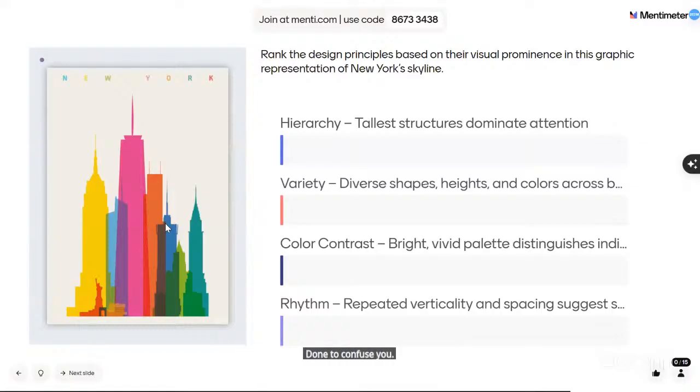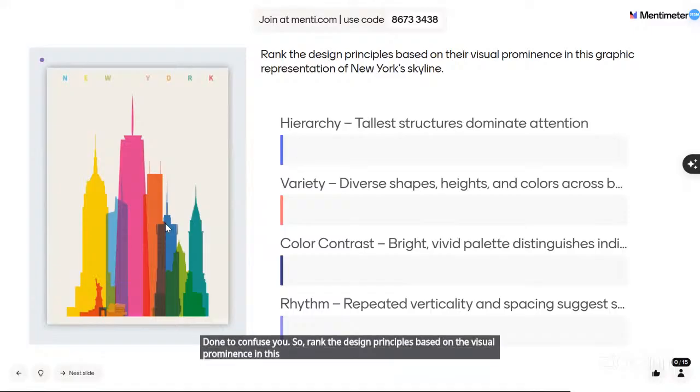So rank the design principles based on the visual prominence in this graphic representing the New York skyline.